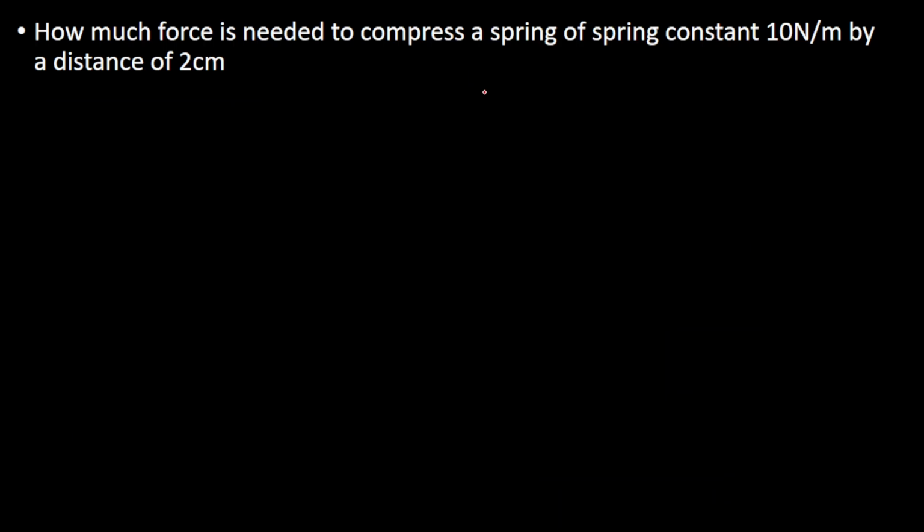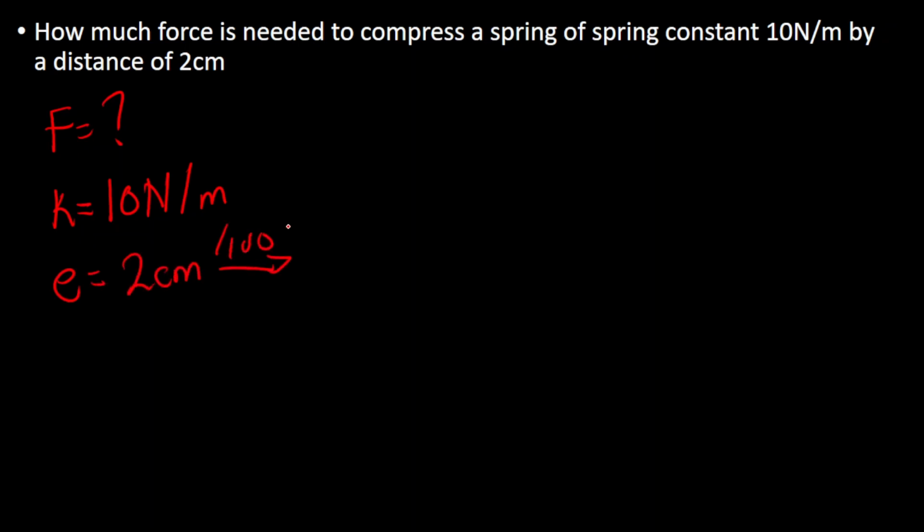All right, now this is compress. How much force is needed to compress a spring? So we're looking for F this time, which is a compressive force of spring constant K, which is 10 Newton per meter, by a distance of, so our E here will be 2 centimeters. We can divide by 100 to give 0.02 meters.